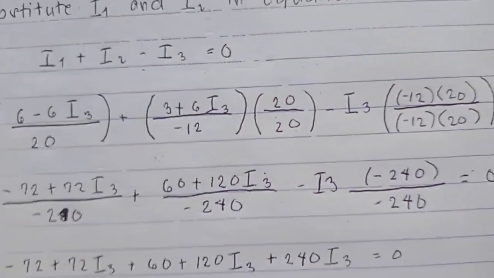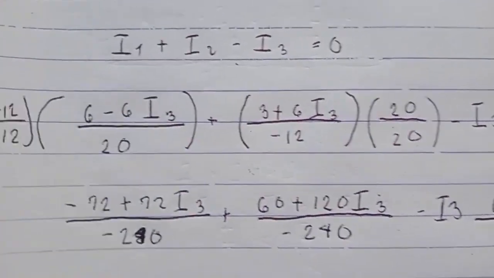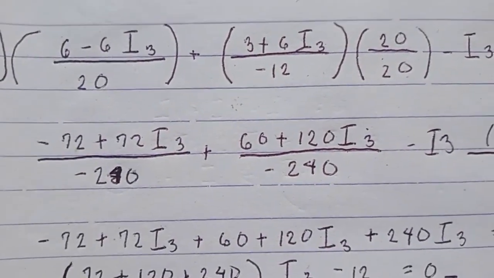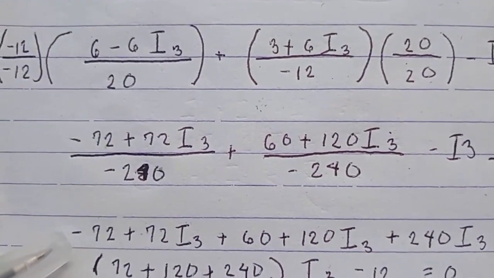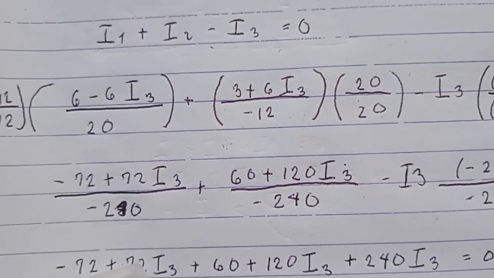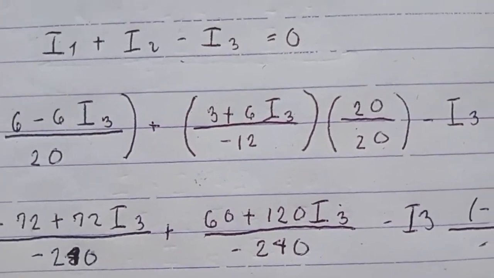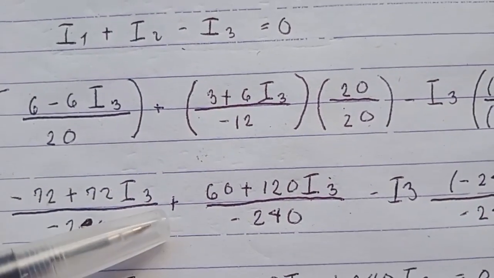Okay, since they have the same denominators, we can eliminate those denominators already. So for us to arrive at this equation: negative 72 plus 72I3, plus, mind the signs. We must take into account the signs.